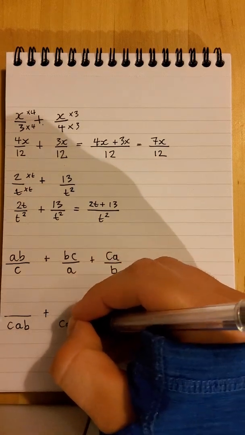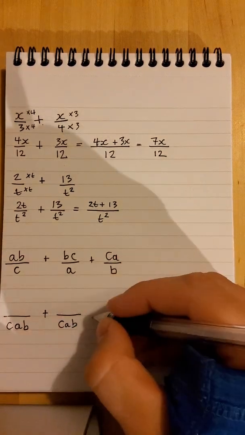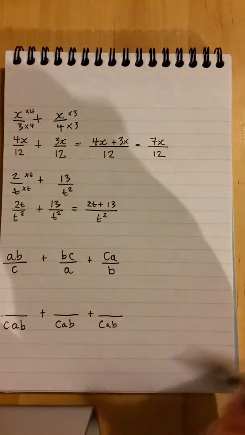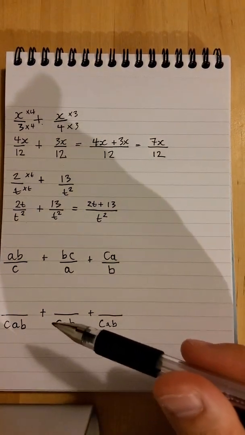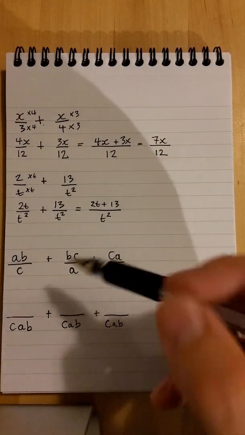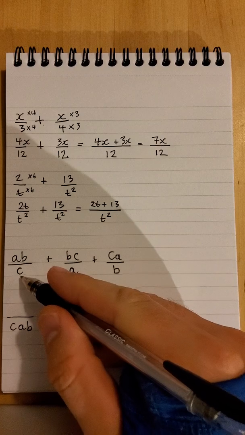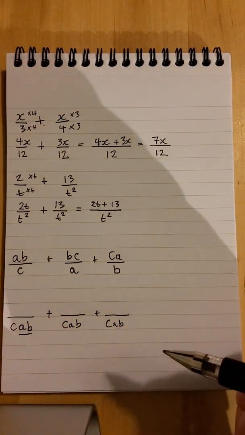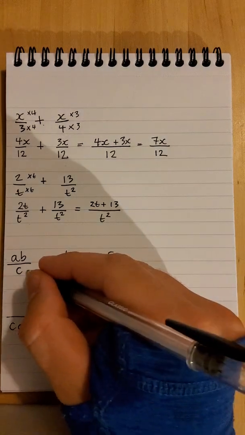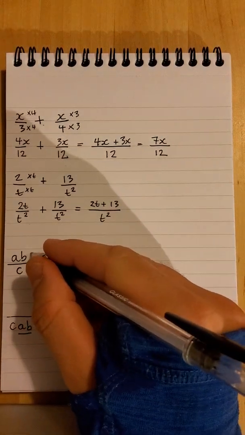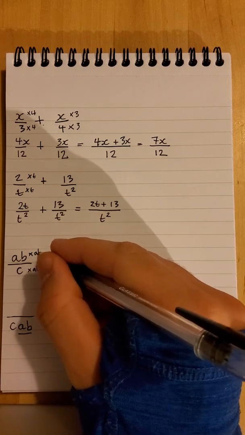I'm going to write that 3 times, because we're aiming to get that on all of the denominators. Alright, so we've got CAB, and this is how I think about it, that makes it a little bit simpler than all of the variables going on. I think in this first one, I've got C, and what I need to add to that denominator is an A and a B. So in fact, I need to multiply it by AB, and I do the same to the top.